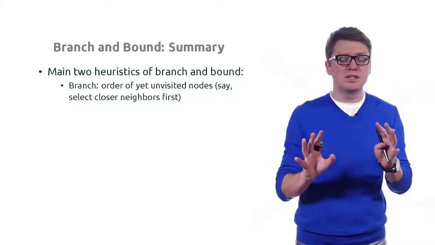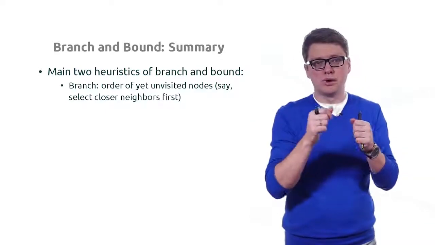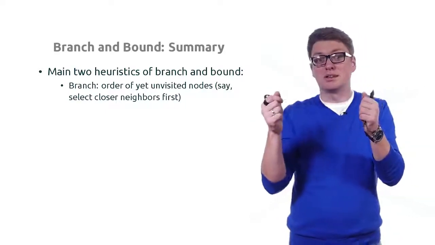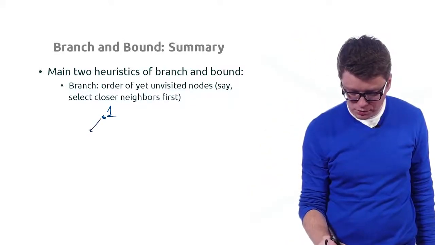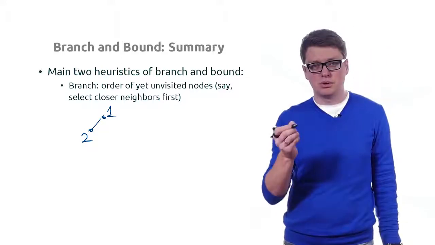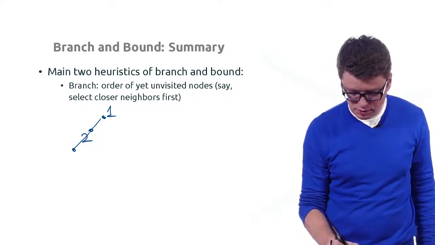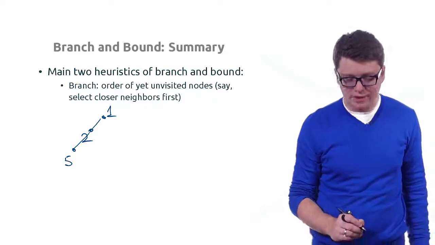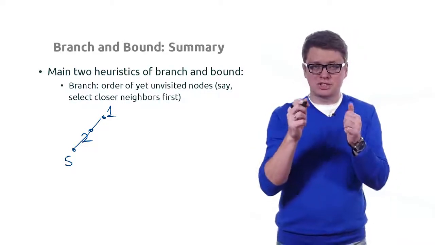For example, a reasonable choice for going to the next node is to go to the nearest next node. So if we went from 1 to 2 and then we are choosing the next node to go to, then it makes sense to start probably not with node number 3 but with node number 5 if the edge from 2 to 5 is shorter than the edge from 2 to 3.